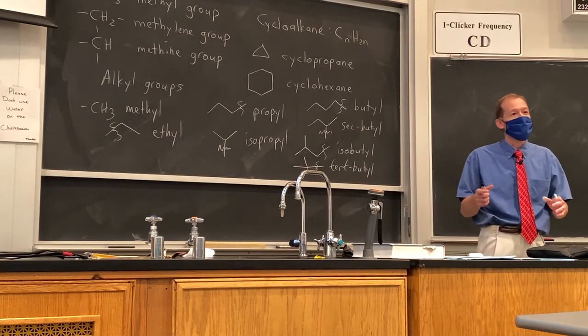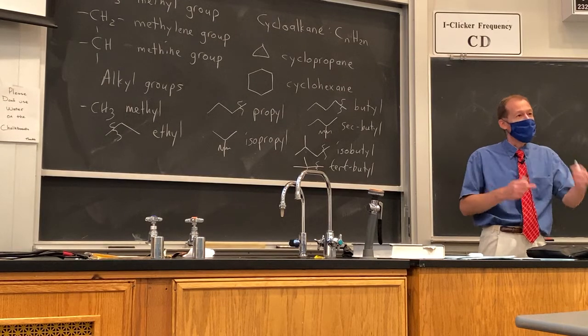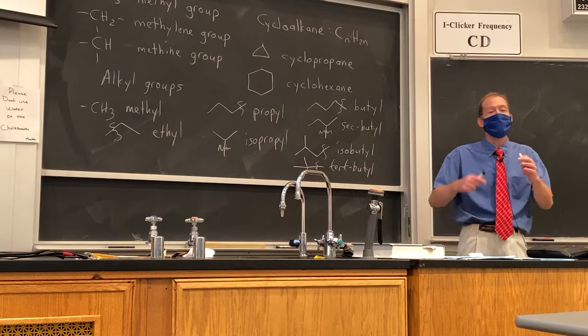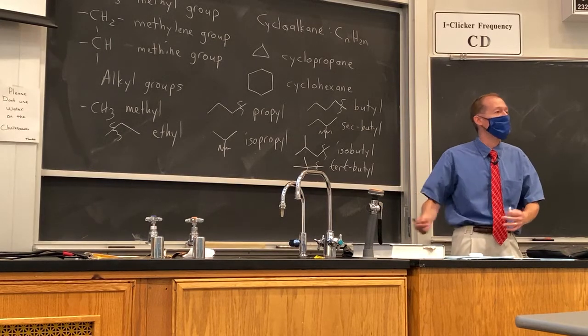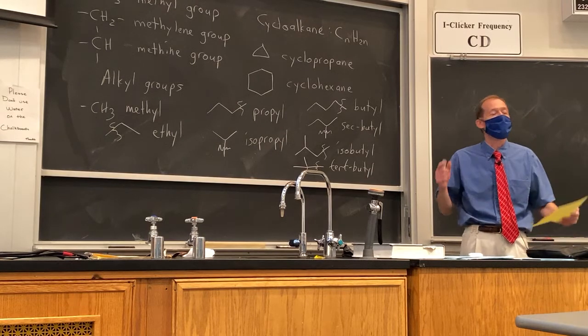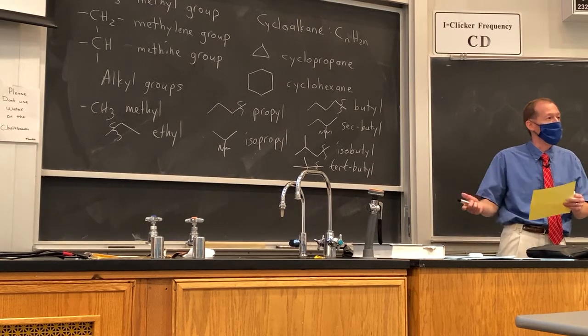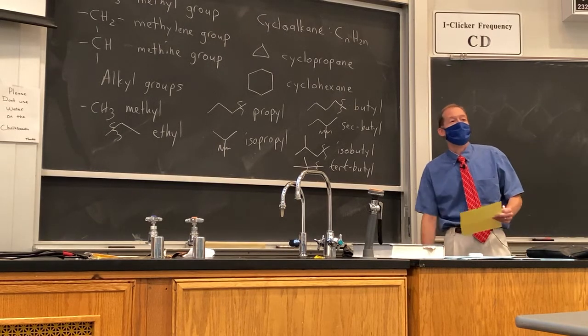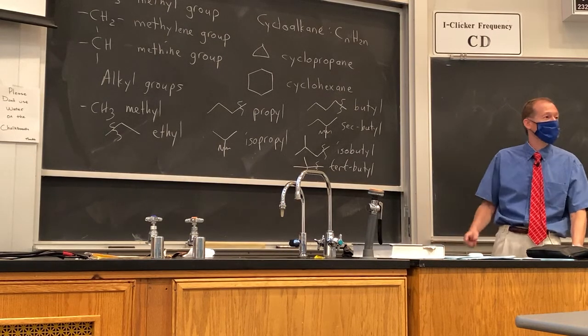And so I would urge you to not go any deeper on nomenclature, to not play what I like to call the what if game. Well, what if I had this group, that group, 3 groups, 5 groups? Just don't ask those questions. Only focus on naming the simple compounds we'll encounter in class, because that's all you'll need to name on exams and quizzes and homework.